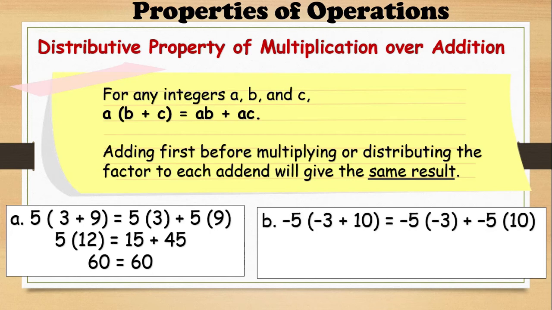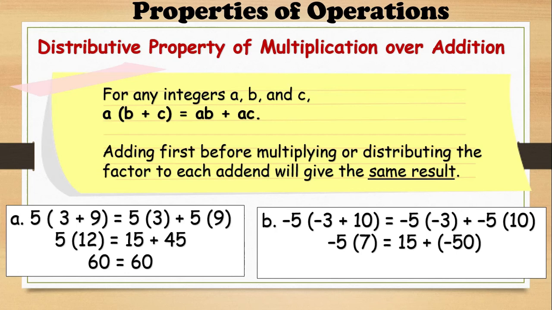Next, we have negative 5 times the quantity negative 3 plus 10 equals negative 5 times negative 3 plus negative 5 times 10. So, kung unahin natin yung addition, we have negative 3 plus 10 is equal to 7. Kaya magiging negative 5 times 7 equals, so we have negative 5 times negative 3 magiging 15 plus negative 5 times 10 is negative 50.